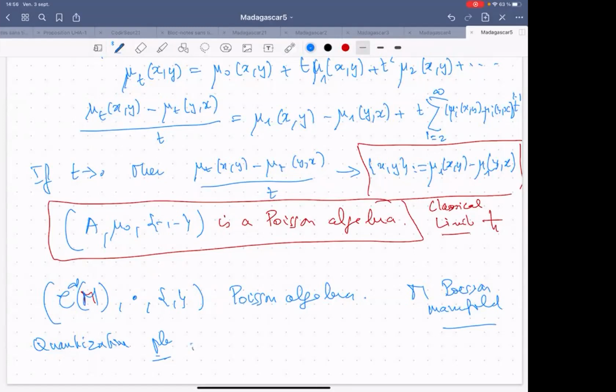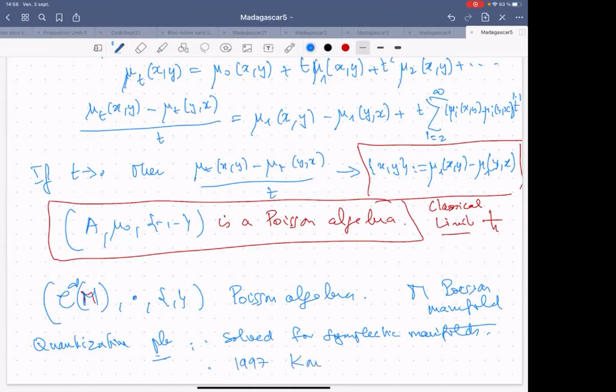And this was solved for a long time, but only for symplectic manifolds, by many people. And the general problem was open until 1997, I think.